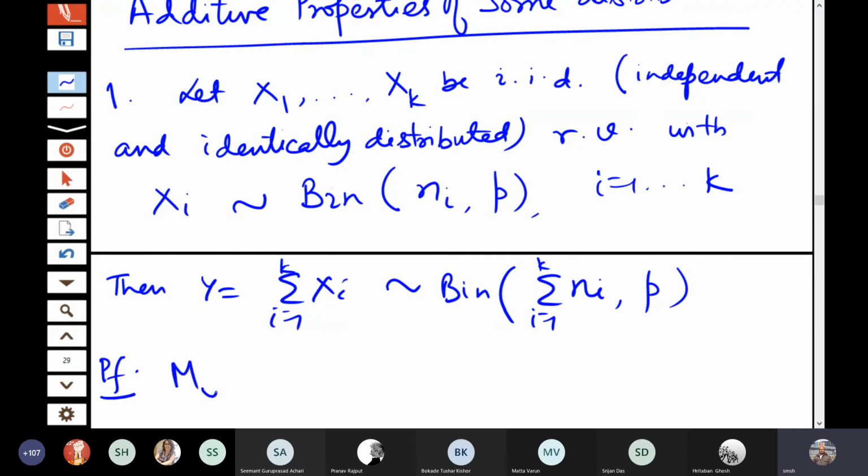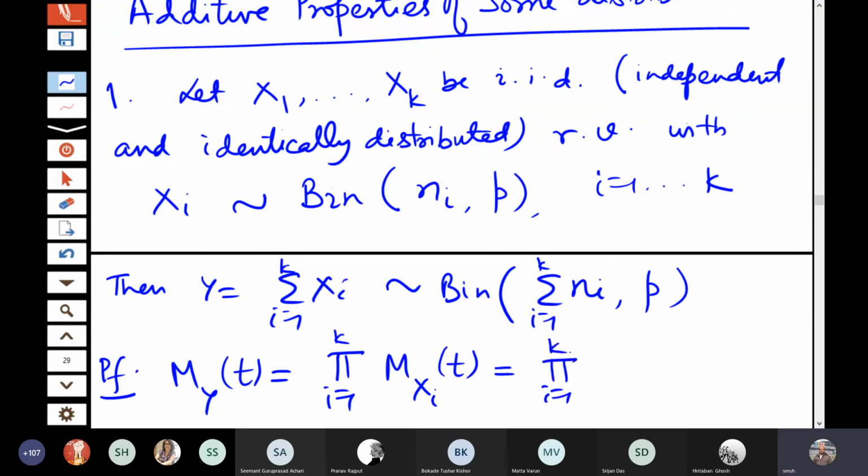See, you consider the moment generating function of the sum, then by this result it is the product of the individual ones, for i equal to 1 to k, (q plus p e to the power t) to the power ni. Since p and q are the same here, this exponent will get added up.